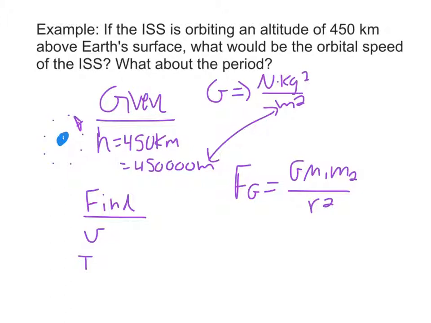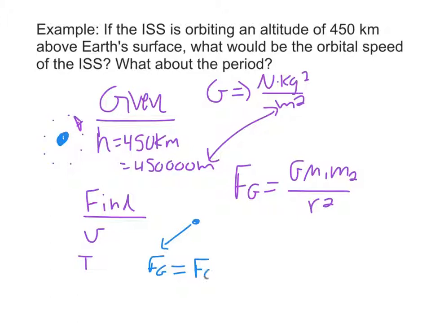But, let's see, the way I drew my force diagram, this is the direction of the gravitational force. But the ISS is traveling in a circle, and the center of the circle is in the same direction as this force of gravitational attraction.